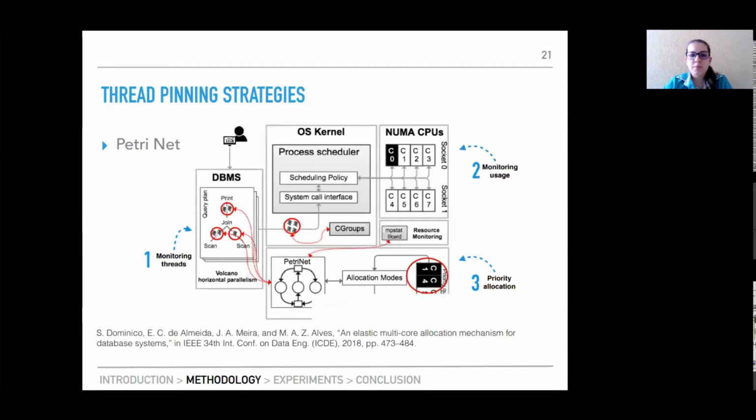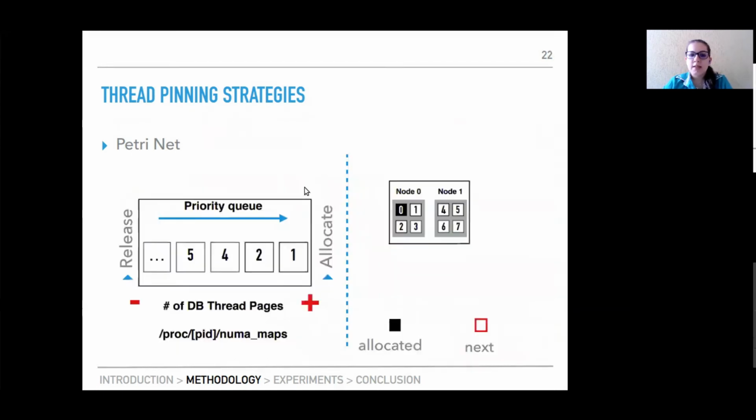The P3net monitors the threads, using a combination of resources to control the number of cores available for the OS to allocate the threads. This mechanism takes into account the data allocation across the NUMA regions, allocating cores to specific nodes. The P3net uses a priority queue with the PID of the threads and the NUMA resource usage information.